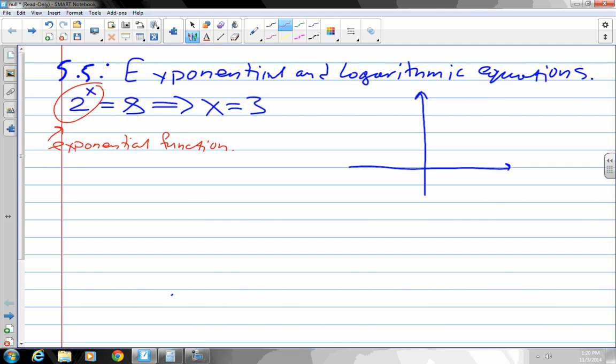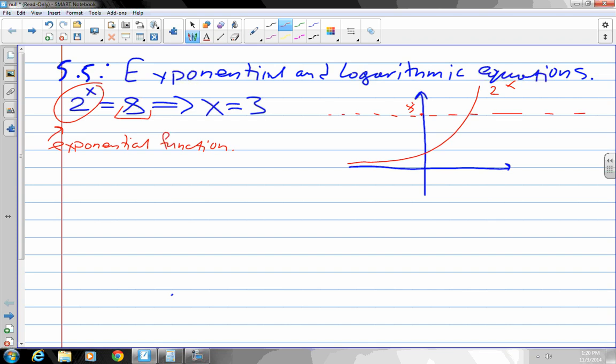You agree with that? And the one-to-one function means it can only reach a certain height exactly once. So it can only equal 8 once. That's what a one-to-one means, right? All the y values are unique. If I graph it, here is 2 to the x, and 8 is somewhere here.